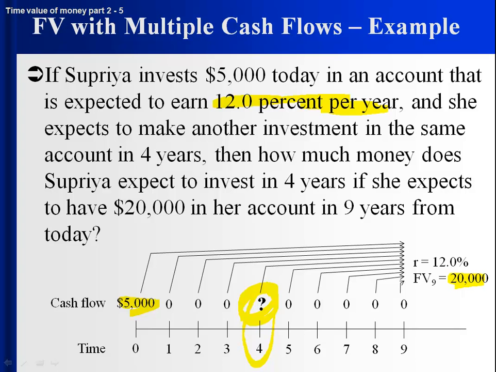So basically, what we know is 5,000 times 1.12 to the 9th captures what the 5,000 will compound to, plus the mystery cash flow times 1.12 to the fifth is how much the mystery cash flow will grow to, and the sum of these two is equal to 20,000.